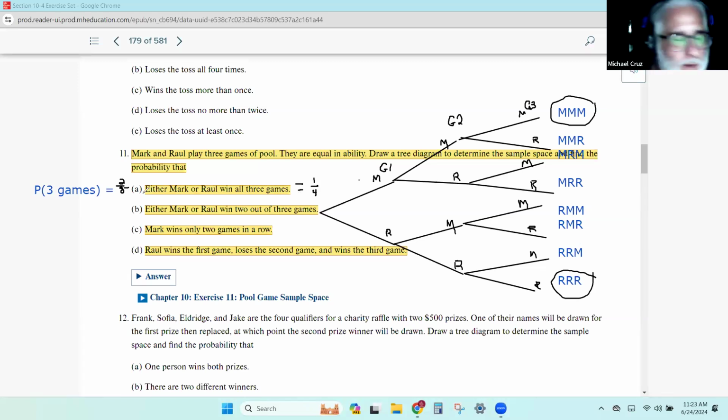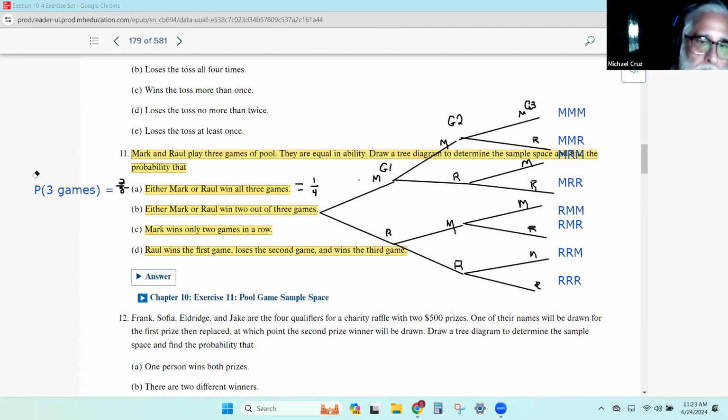2 out of 3. It doesn't care which one. It says either Mark or Raul. So 3 games. I'm sorry, 2 games. 2 out of 3. So that would be this one, this one, this one, this one, this one, and this one.